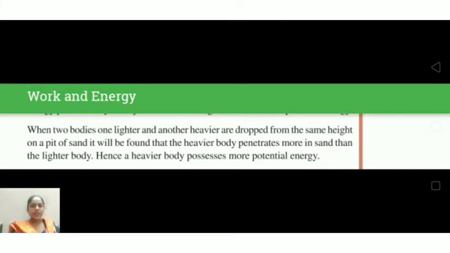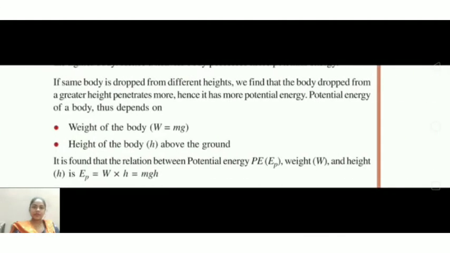So, from this we have understood that when two bodies, one lighter and another heavier, are dropped from the same height on a pit of sand, the heavier body penetrates more in sand than the lighter body. Hence, a heavier body possesses more potential energy. If the same body is dropped from different heights, the body dropped from a greater height penetrates more.